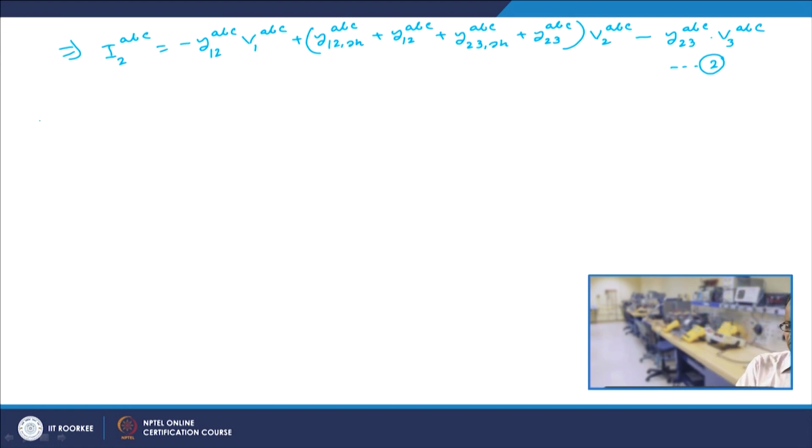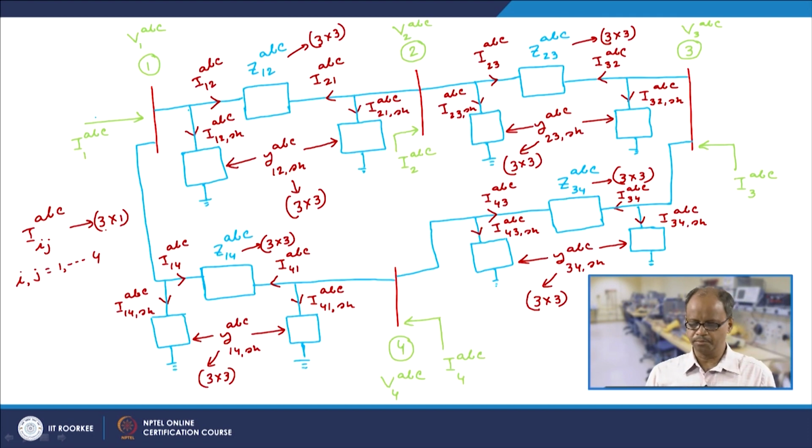At bus 3, what we have? So at bus 3, if I apply this same principle, I3 ABC is equal to I32 shunt ABC plus I32 ABC plus I34 shunt ABC plus I34 ABC.